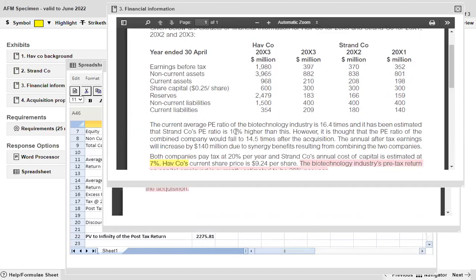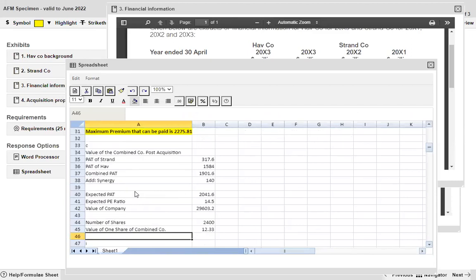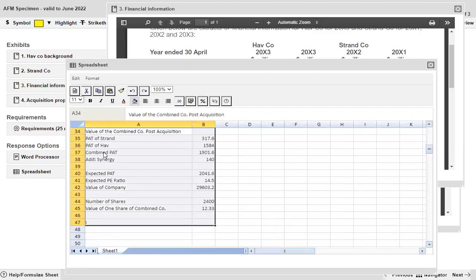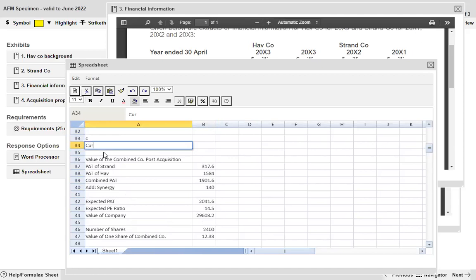Okay, you could calculate it using this information which is available. The current share price of Strand is going to be calculated like this.